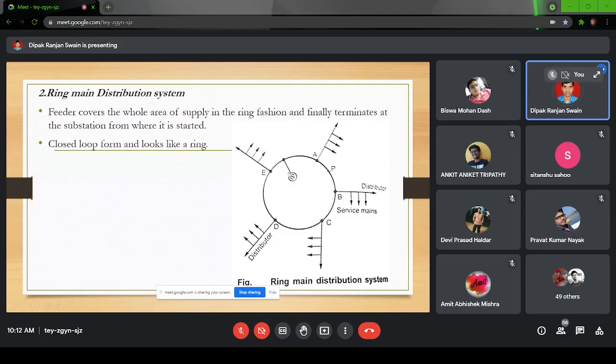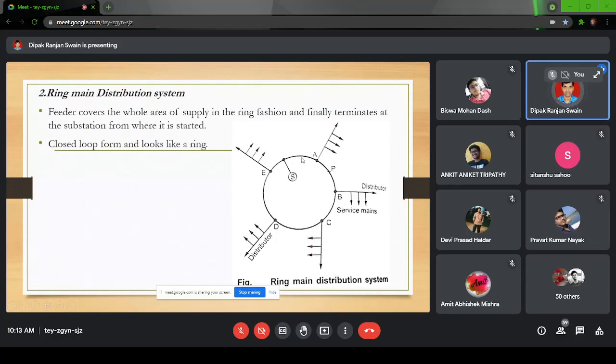Another advantage is, in a ring system we don't have that much voltage drop. Let's say this is the substation. From A, the current will flow to A, B and C, let us say. When you solve the problems, you will see how the current is distributed. Total current I flows from here, so I2 towards the left and I1 towards the right. Now what is the voltage drop here?